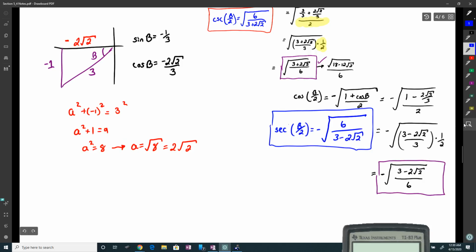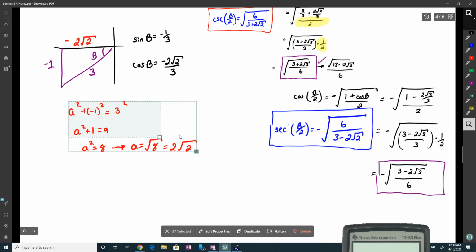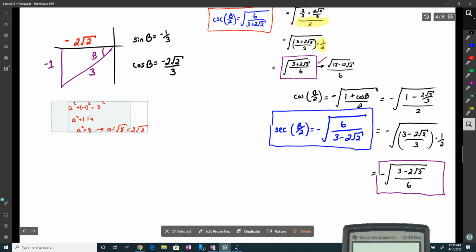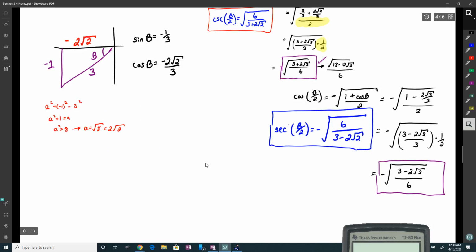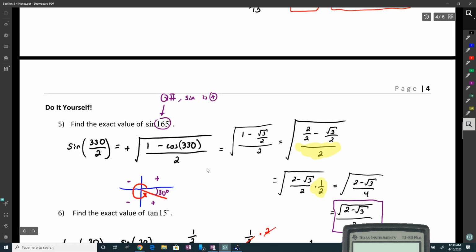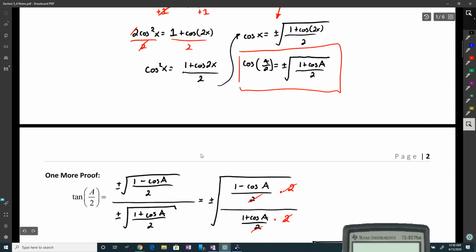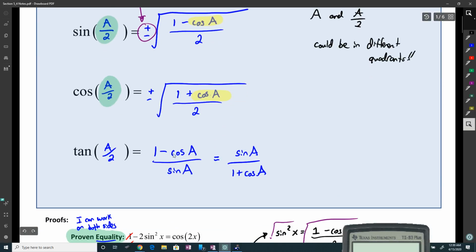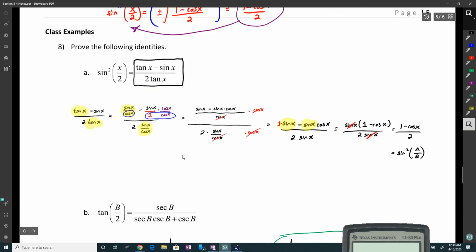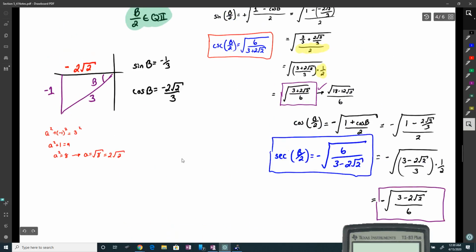And so for tangent, I'm just going to use the formula. Okay, so I'm going to use the formula with just one thing in the denominator because having to fix the denominator to make it one thing is kind of annoying. So I'm going to use this formula, 1 minus cosine A over sine A. Oop, too much. There we go.